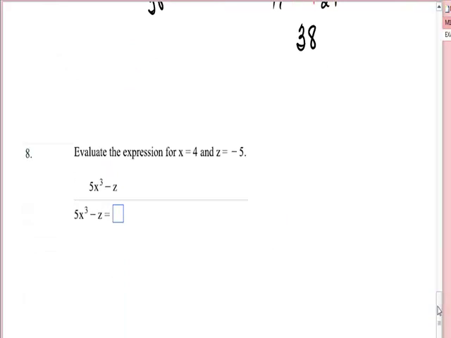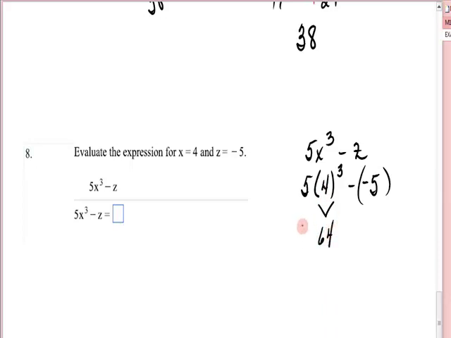All right, last one, number 8. I have 5x to the third minus z. So that's going to be 5 times, in the place of x, I have 4 to the third power minus -5. It might be useful to put that in parentheses, but not essential. All right, I have multiplication, exponent, subtraction. Exponent has the highest priority. That is 4 times 4 times 4, which will give me 64. So it's 5 times 64 minus a -5.